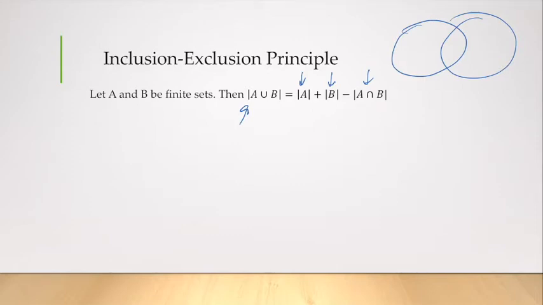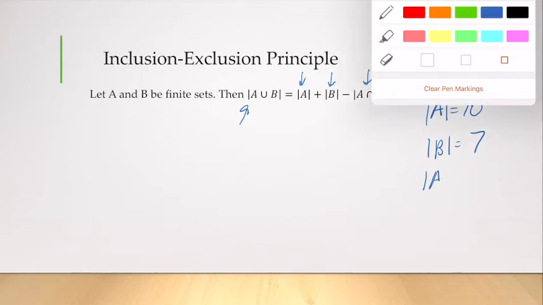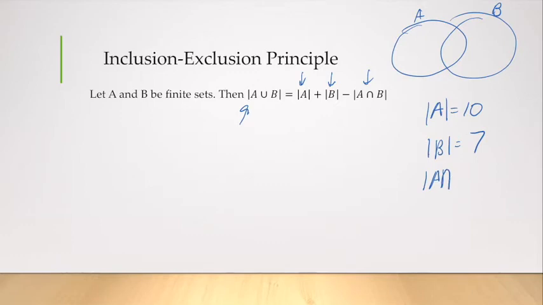So if I have, let's let this be A and let's let this be B. Let the size of A be 10, the size of B be 7, and the size of A intersect B is 3. So I know 3 is in here.